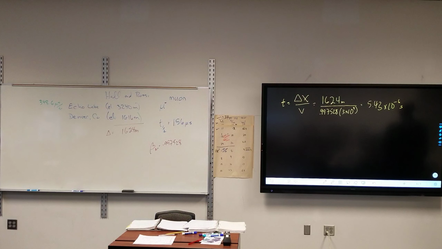So now I know what the half-life is, 1.56 microseconds. Let me just make sure that that is indeed half-life and not mean life. Okay? So when you're dealing with exponential decay, the number of particles is equal to what you start with times, not e, since we're doing half-life, 1/2 to the t over the half-life. So we can calculate how many particles should be existing down in Denver if relativity is bunk.